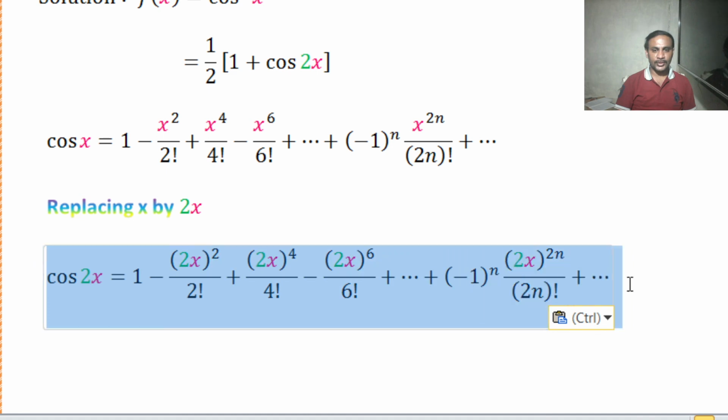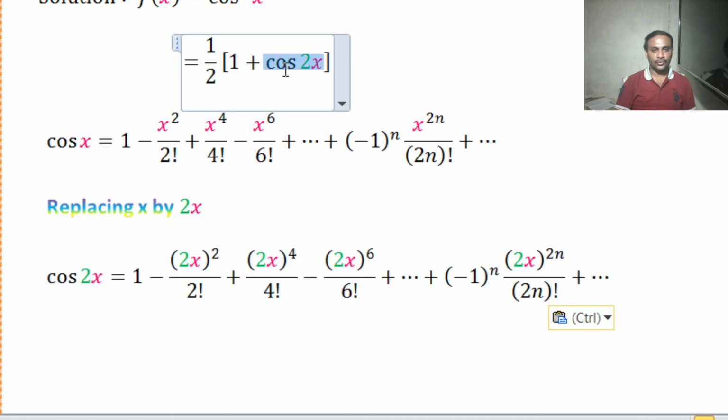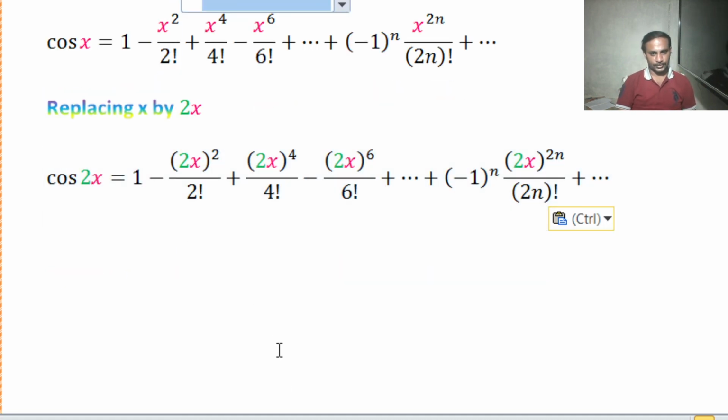Now after simplification of this series expansion, we can put it in this place, and after simplification this will be the series expansion of the function cos square x.